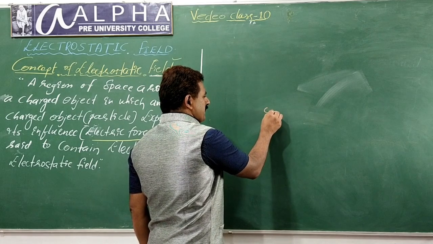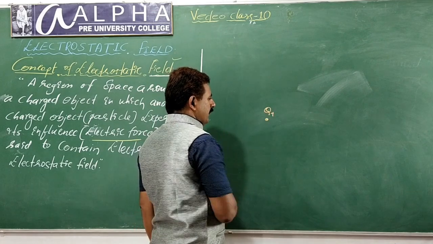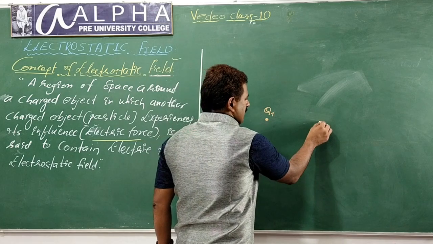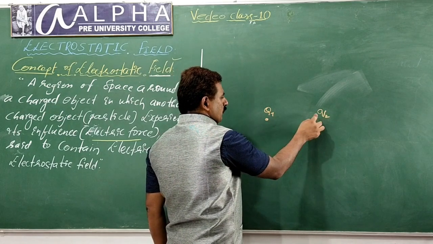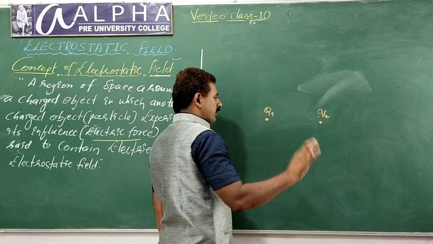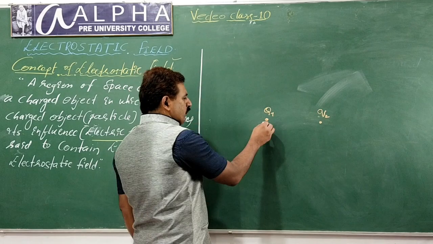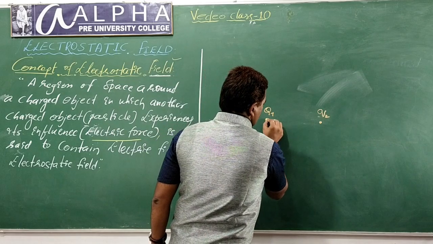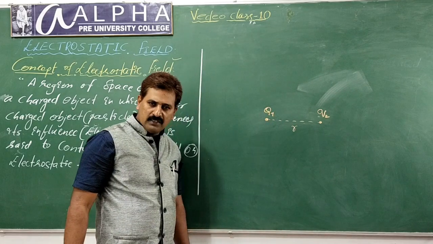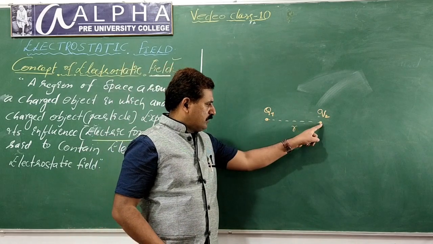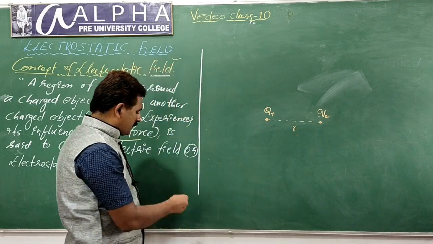Let us suppose there is a charge Q1 here. You bring another charge here, say Q2. I use Q1, Q2 like this, big, small. How do you find the force between these two? First of all, you join these two by a line whose distance is r. You learned there is a force between these two. That force is given by Coulomb's law. What is Coulomb's law?